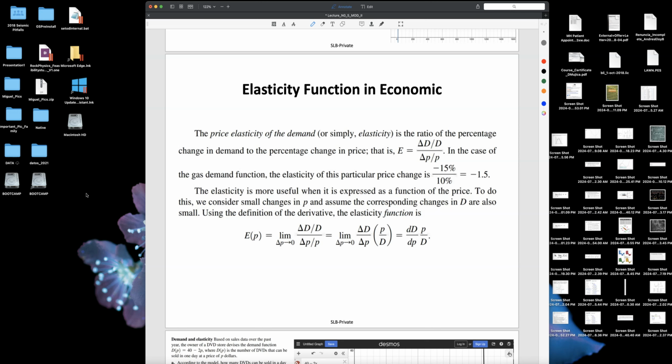Okay, for instance, let me remind you about the example that I gave you, I don't know, 2 lectures ago or something like that, about the price of the oil.